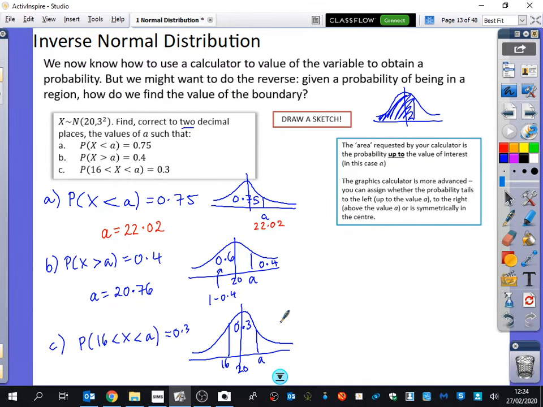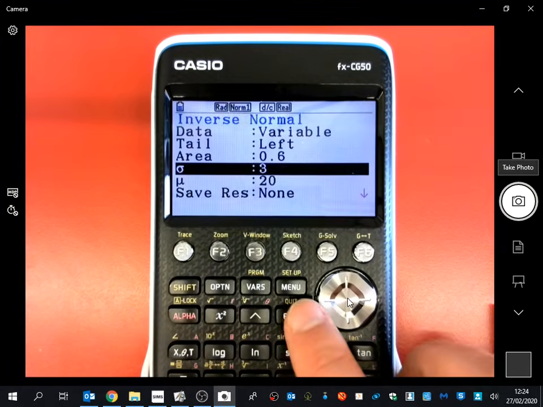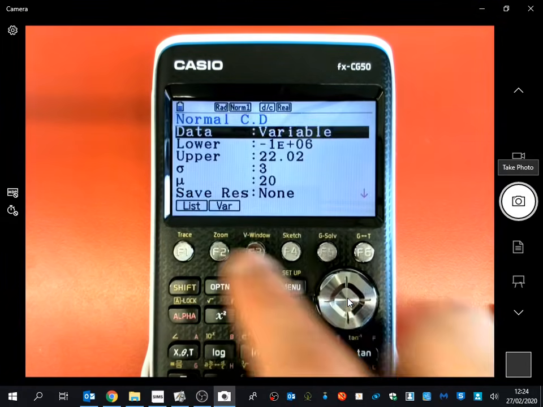What do you think I need to do here to be able to find out what A is? From 16 back. Good. I need to work out what this area is and then add it to 0.3. So I'm going to quickly work out the probability that x is less than 16, and then I'll add it onto 0.3. So I'm going to go back to my calculator and work out that it is less than 16.